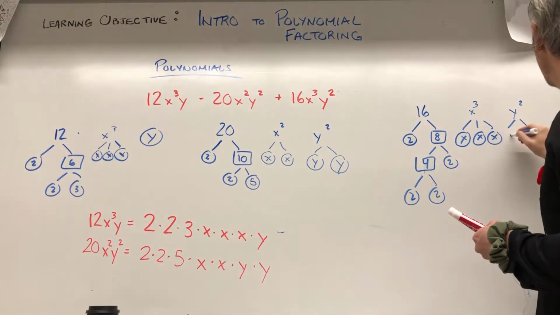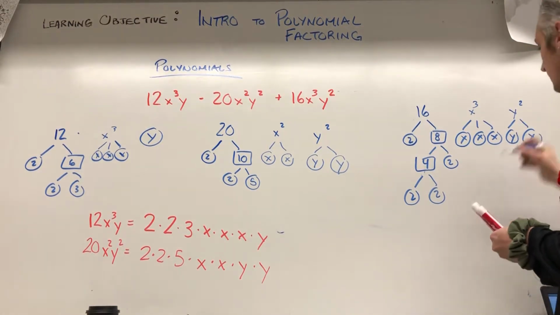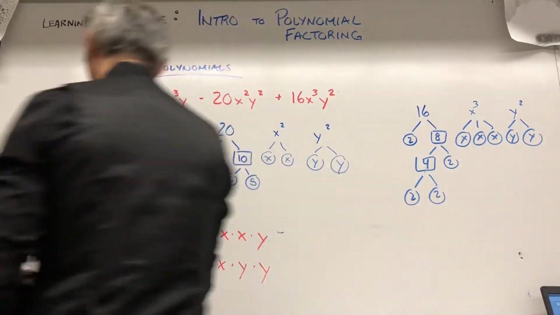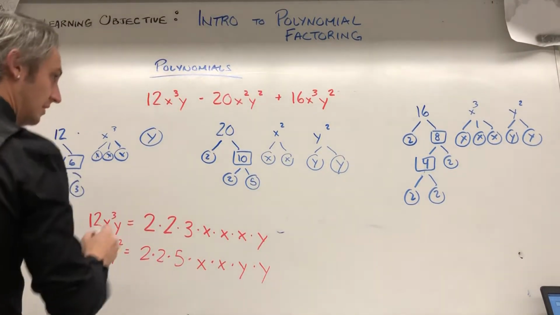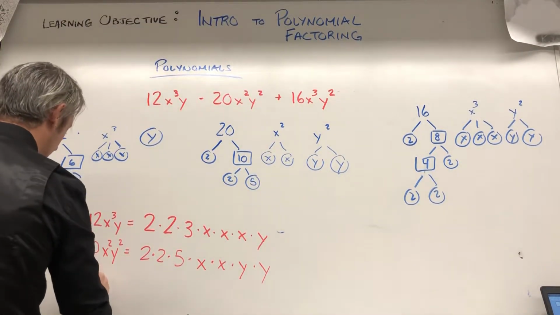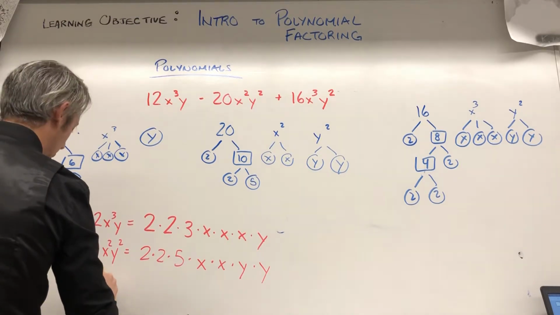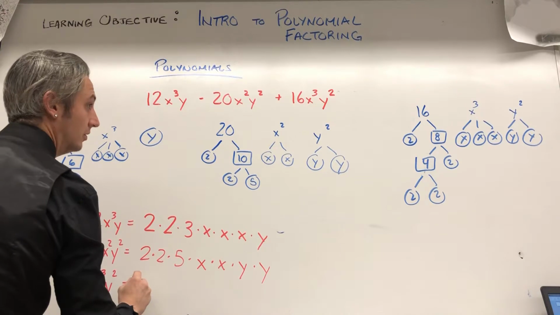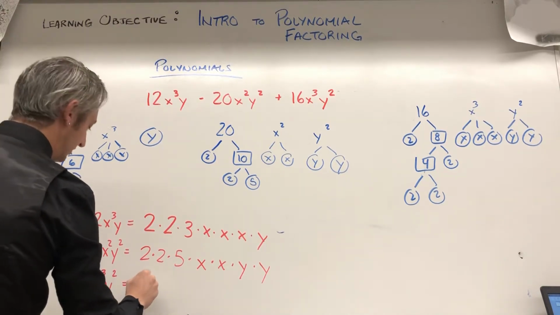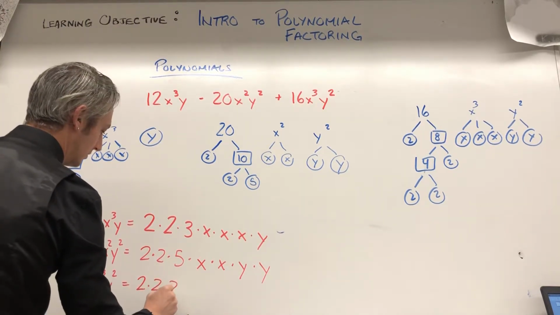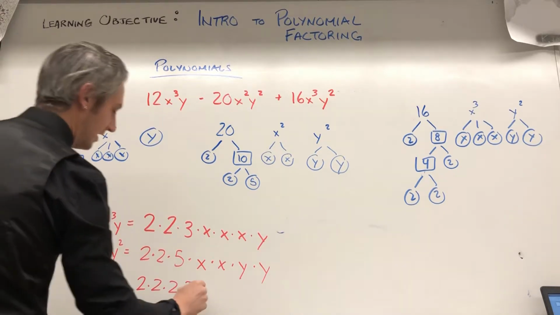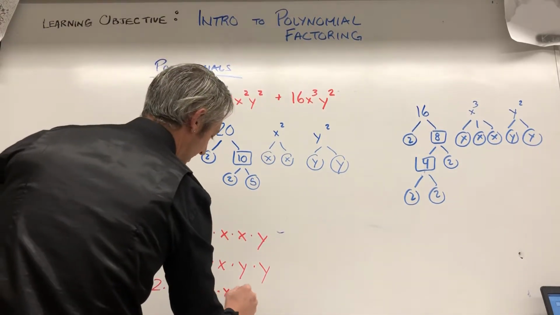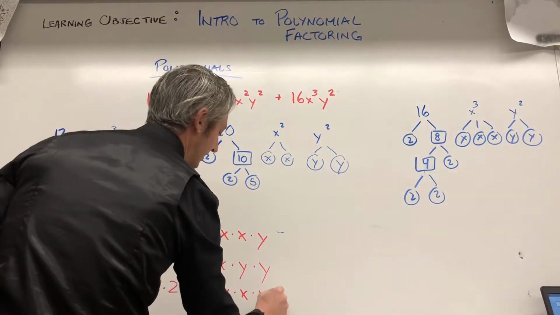And then y squared is y and y. So I get 16x³y² is equal to 2 times 2 times 2 times 2 times x times x times x times y times y.